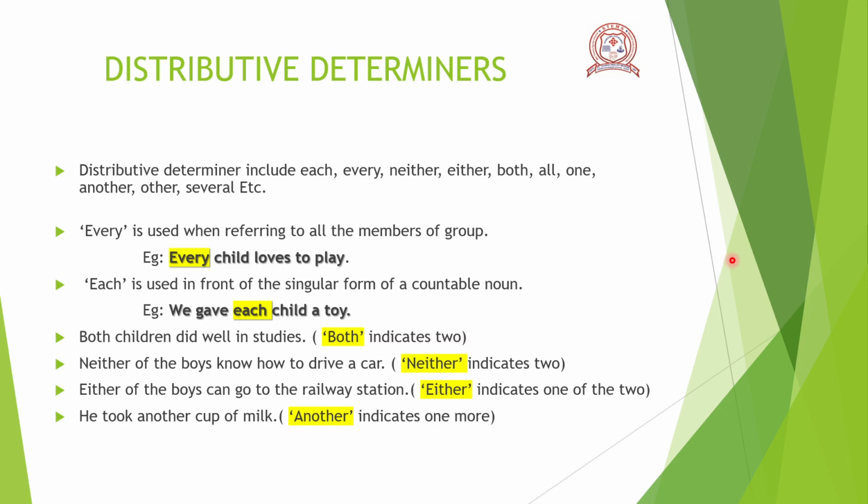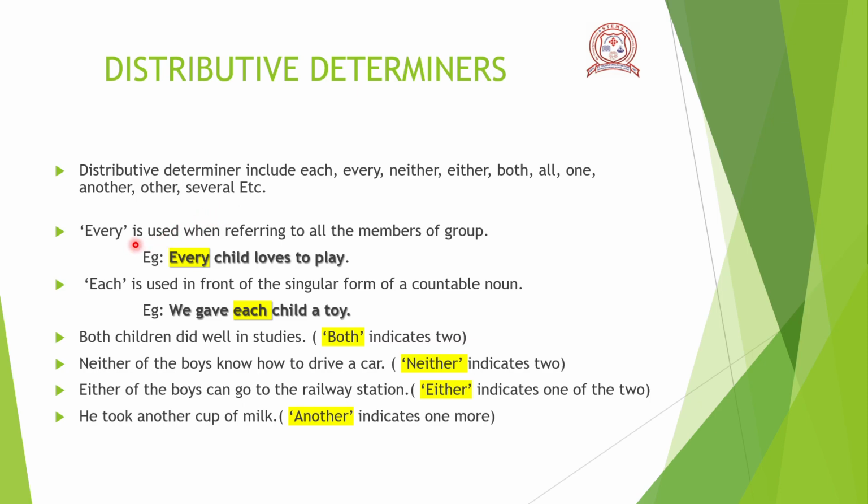Distributive determiners include each, every, neither, either, both, all, one, another, other, several, etc. Now we'll go on with each word that is taken there.